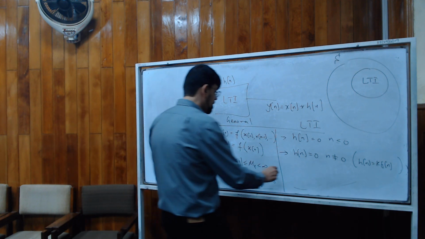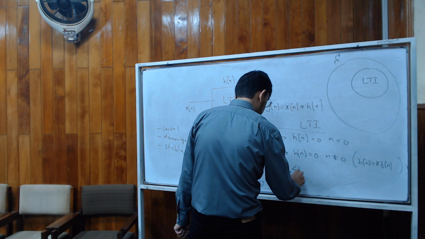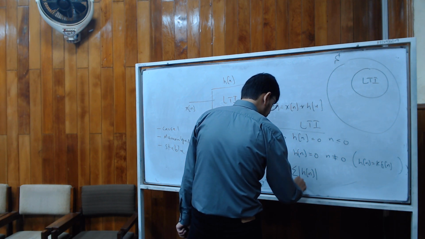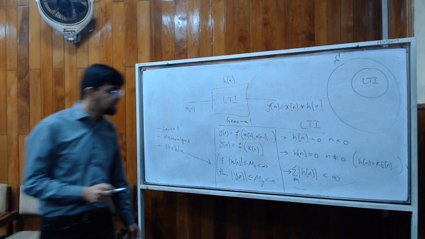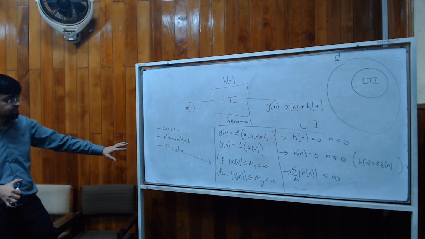The BIBO stability boils down to checking the sum of the absolute values of the impulse response over all n. If this sum turns out to be finite, less than infinity, then the LTI system is BIBO stable. Here I am just summarizing.